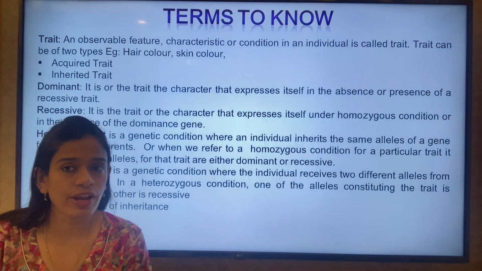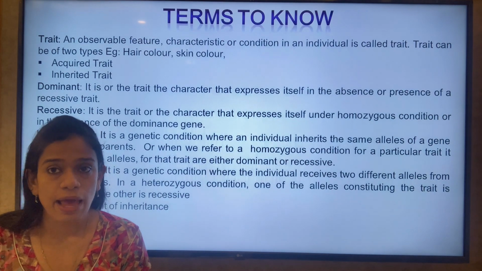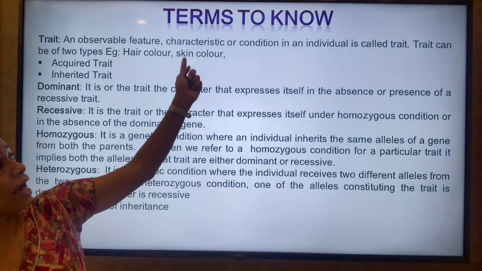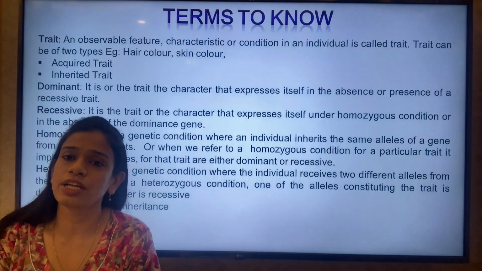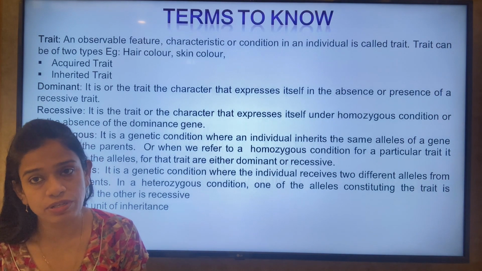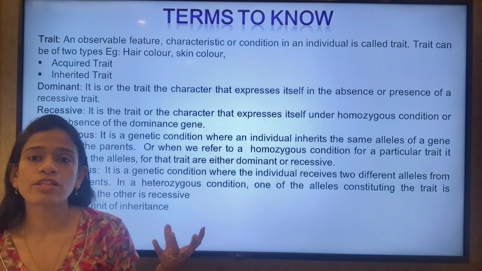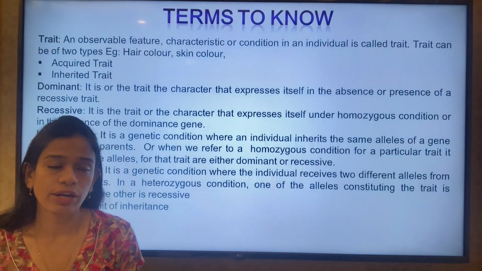That is the trait of that person because it is a character which we can see. Characteristic means that the person is tall, or a condition or whatever. That particular thing will be called a trait.